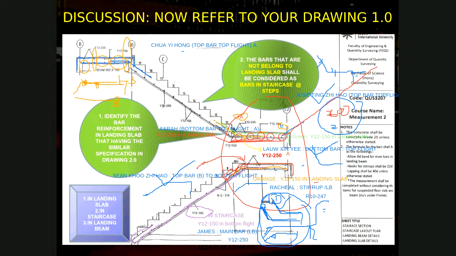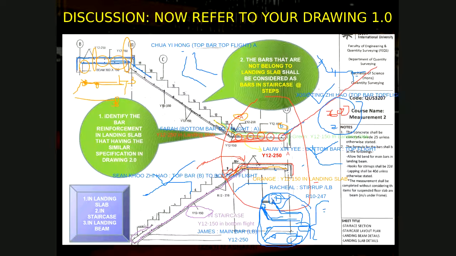If I draw again, you can see the bars repeat like this, but only inside the staircase area. So the numbers of the bar for this one should be similar, and the numbers of the bar for these two also should be similar. Okay, what is the width of the staircase? 1200. Then you have to deduct 2 concrete cover, then you divide with the spacing.